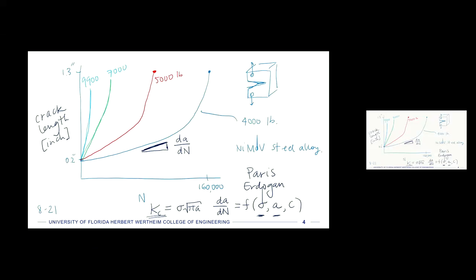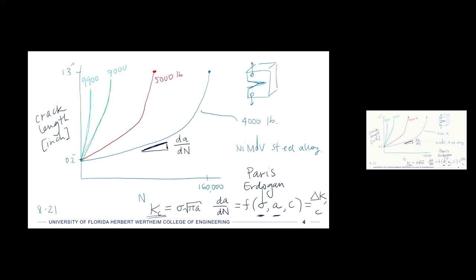They said dA/dN is a function of those things, but then they changed that to be a function of the fracture toughness range that the sample was seeing. And of course C is still in there, so it's some function of that fracture toughness range and C. And that's where we get Paris law.